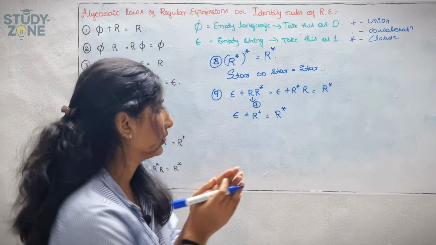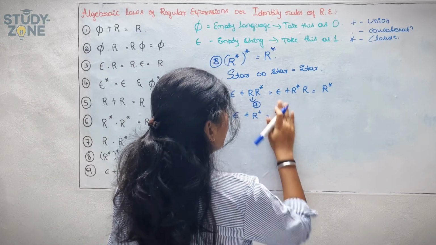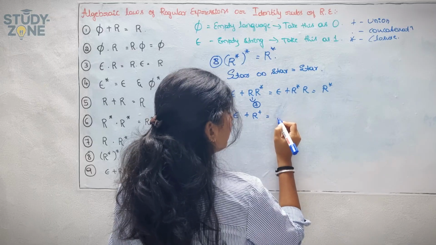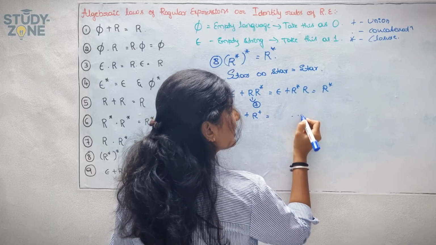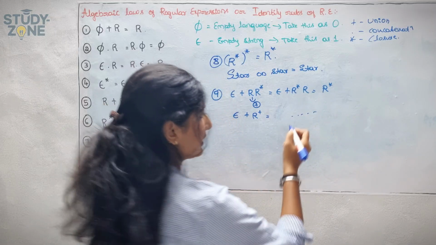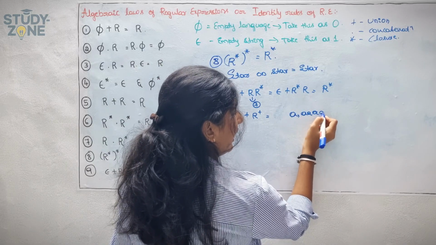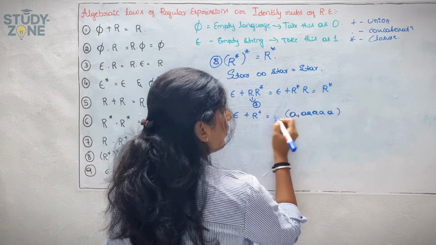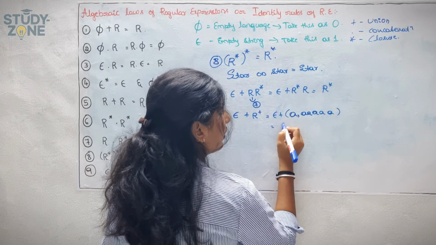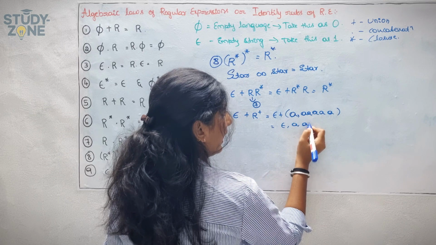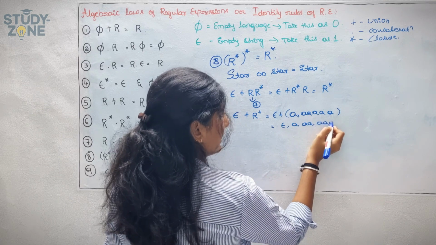So here we have R plus, which means we have some number of strings, one or more. Let's take it as A, like this. Now I got epsilon here, so I got epsilon and A like this, right?